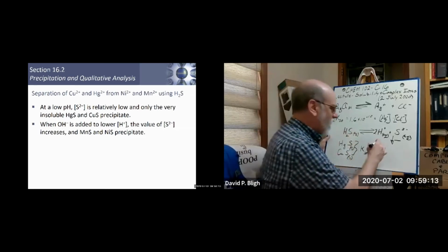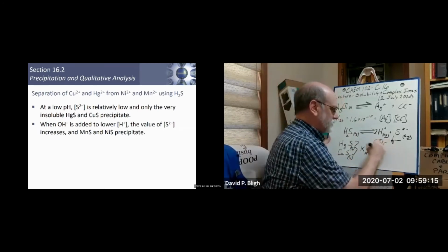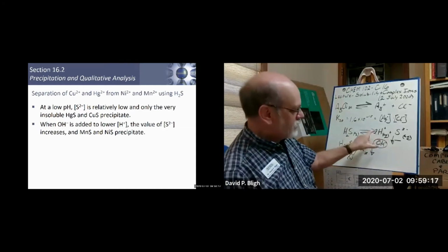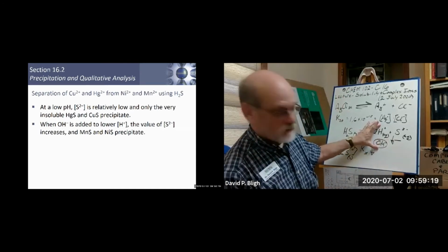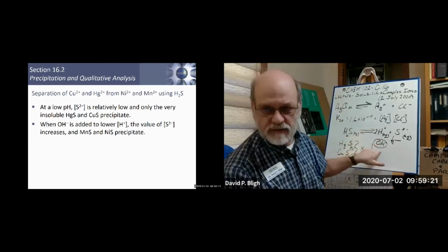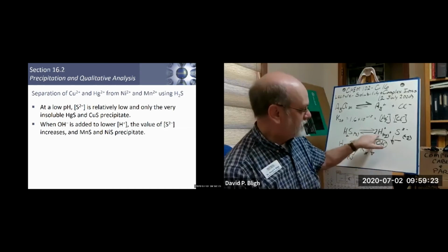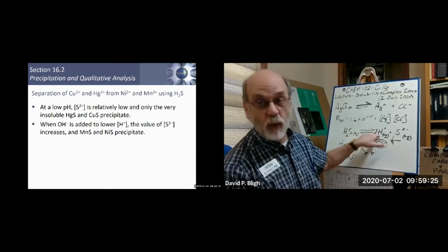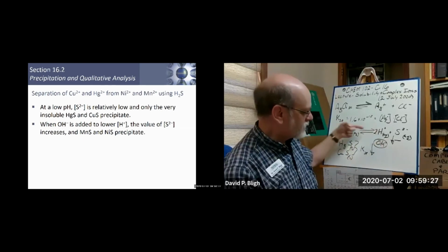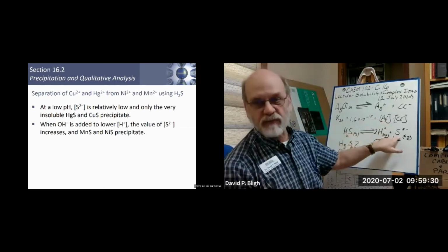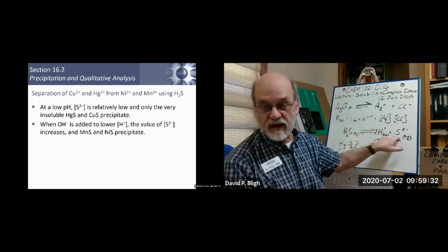So if you add hydroxides, then now you're going to remove, right? Hydroxide is a very, very strong base. It will pick up those protons and make water and drive the reaction this way. What does that do? That produces lots of sulfide ions.